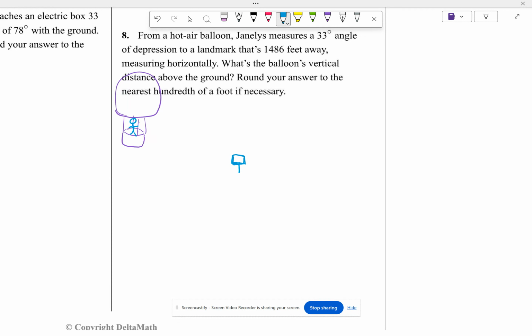Wow. All right, now angle of depression is usually the one that's confusing. Angle of depression, right? So my eyesight is here. When I'm looking down, I'm talking about this angle. So I'm going to draw a line out and then a line down. That angle is 33 degrees.